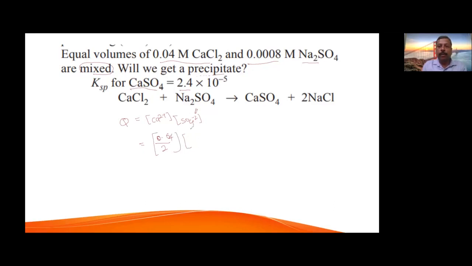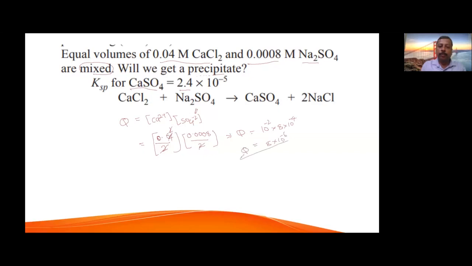SO4 is coming from the Na2SO4, 0.0008 again by 2. Then on simplifying, you will get Q. Then you will compare it with the KSP. Q will be 10 to the power of minus 2 into 8 into 10 to the power of minus 4. So 8 into 10 to the power of minus 6.